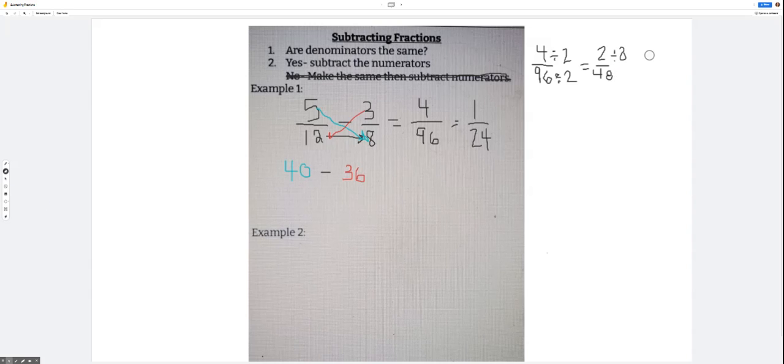Let's fix it. So I can divide them both by 2. And when I do that, 2 divided by 2 is 1. And 48 divided by 2 is 24.